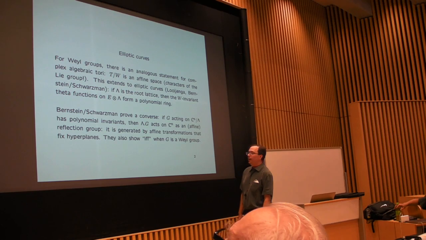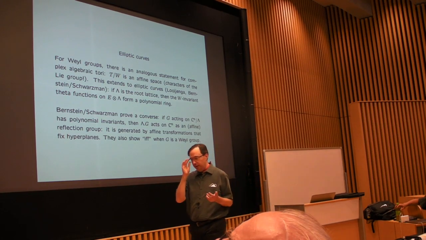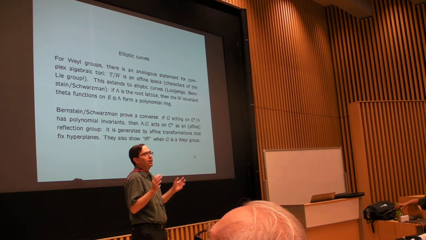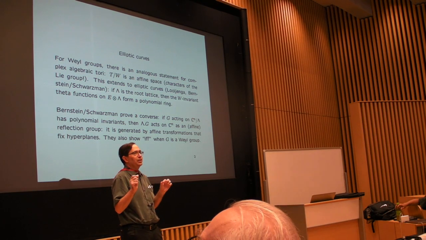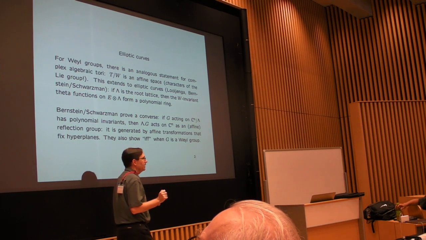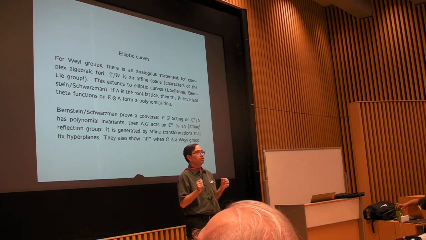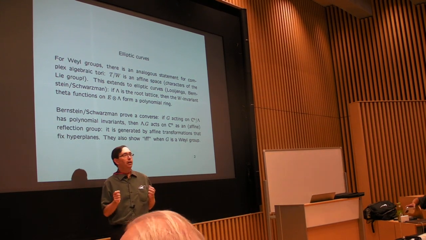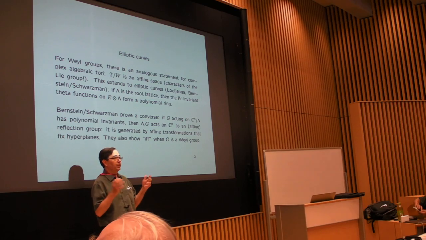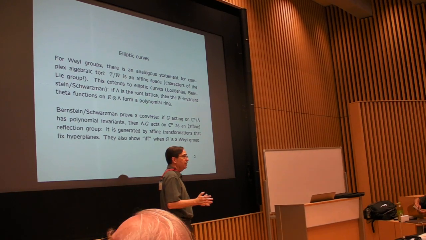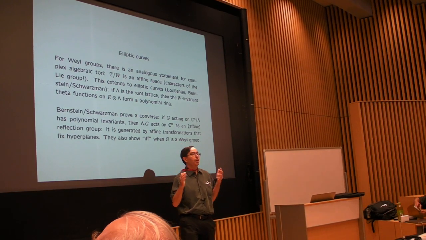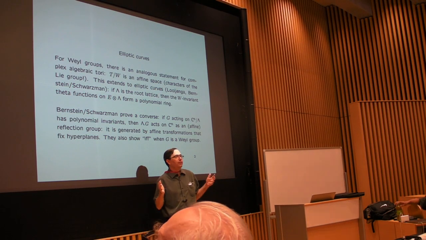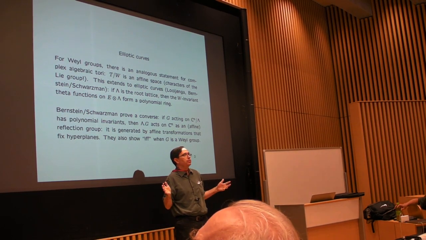Okay. Now, there's a generalization of this, and this actually is the one place where I touch lightly on the actual name of the conference, because there's a representation theoretic version of this statement about Weyl groups. Namely, if you have a Weyl group acting on the maximal torus, not the Cartan algebra, but the maximal torus, the invariants are still a polynomial ring, and that invariant ring is just the character ring of the group.